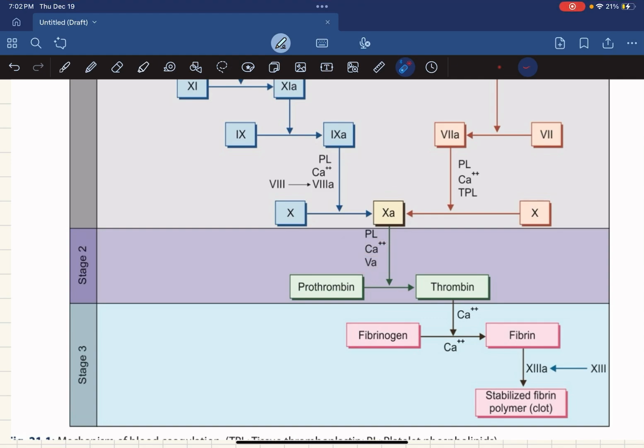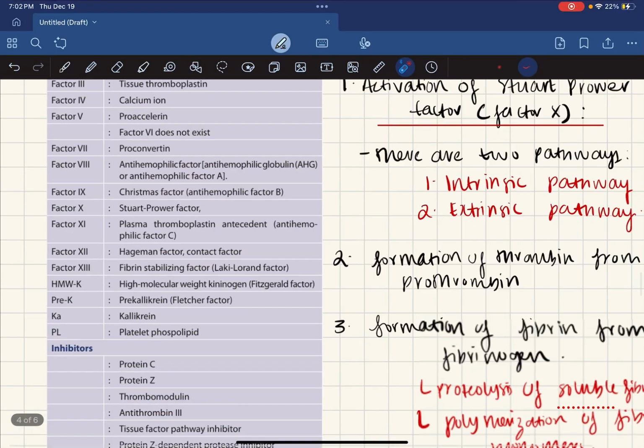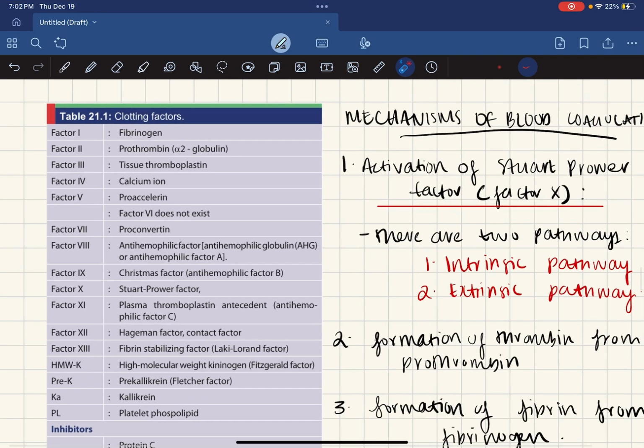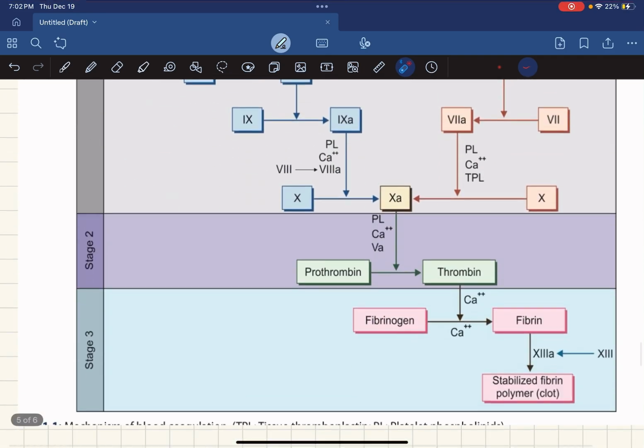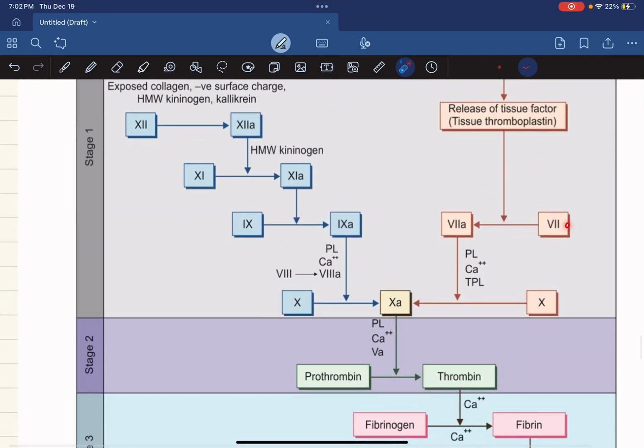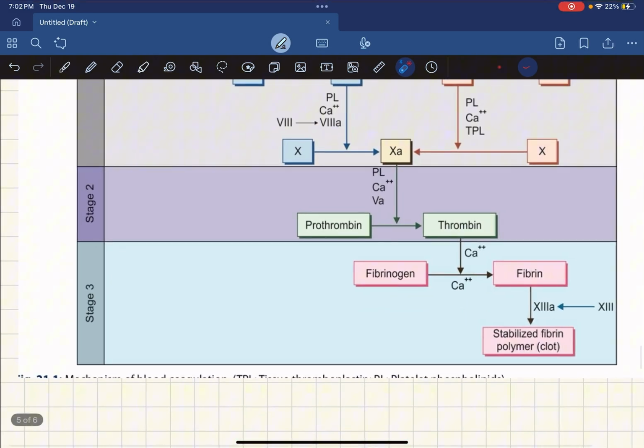Factor 5 is known as proaccelerin because it accelerates the conversion of prothrombin to thrombin. As we have already learned, proaccelerin is factor 5, and factor 7 is also known as proconvertin because it helps in the conversion of 10 to 10A.